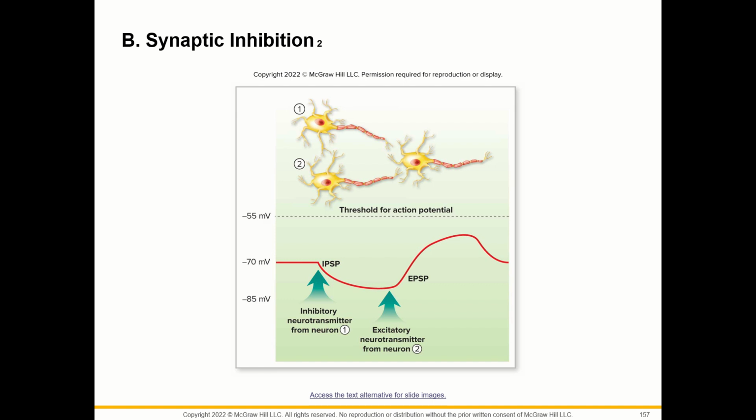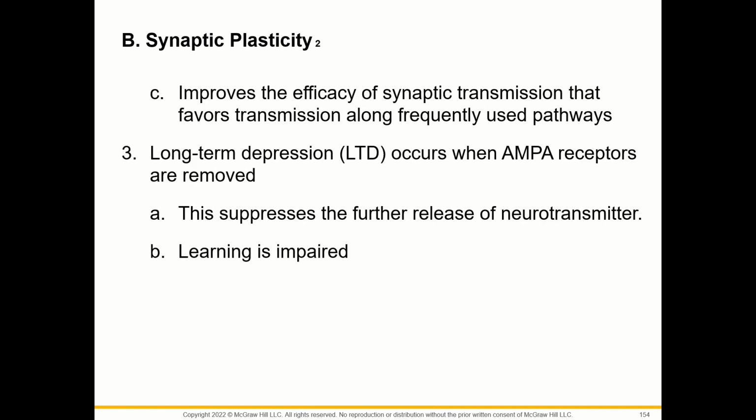It hyperpolarizes the membrane. An EPSP, which might have sufficient strength on its own to reach threshold and stimulate an action potential, does not reach threshold because it begins at the more negative membrane potential of the IPSP. So again, it's very important to be able to quiet the neurons down.